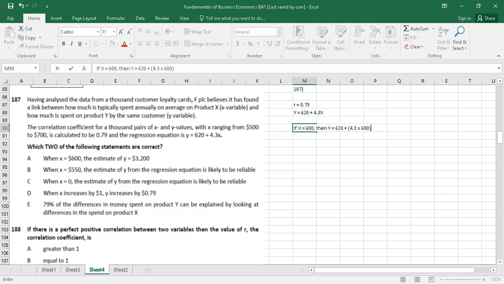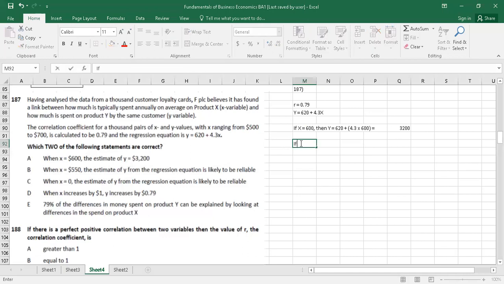Whether it is correct or not, we have to verify that. Yes, this is correct.